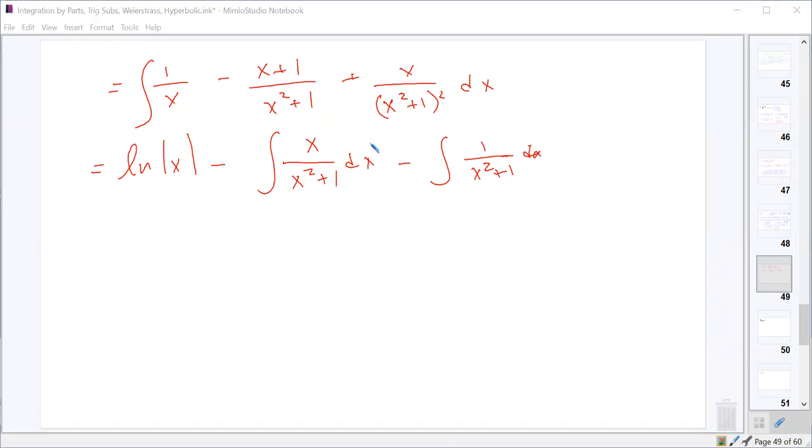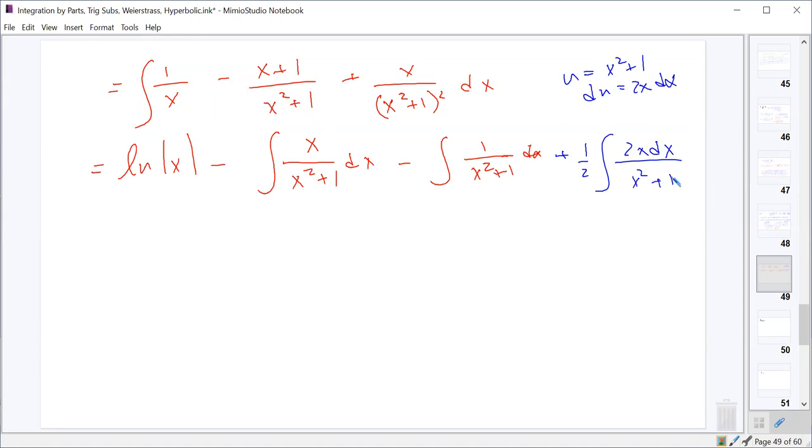I just split that one into 2, right? What about the x over x squared plus 1 squared? You can do a u sub. We'll let u equal x squared plus 1. So du is 2x dx. So we'll put in plus 1/2 the integral of 2x dx over x squared plus 1 squared. Everybody good with that?